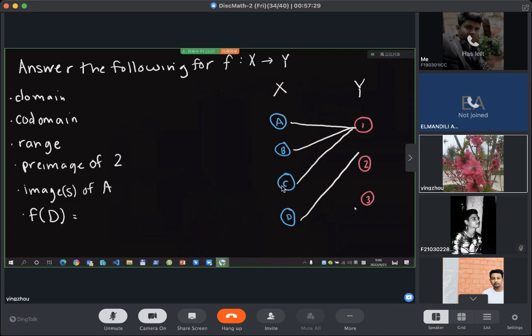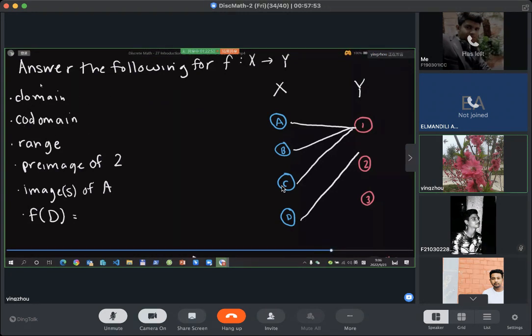Here are a few questions for us to try just to make sure that we understand all of the terminology involved with functions. So here are some concrete, maybe boring, concepts, but from this concrete example they may help you to understand them: domain, codomain.